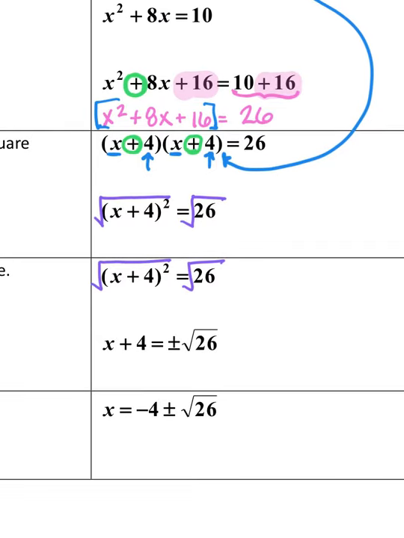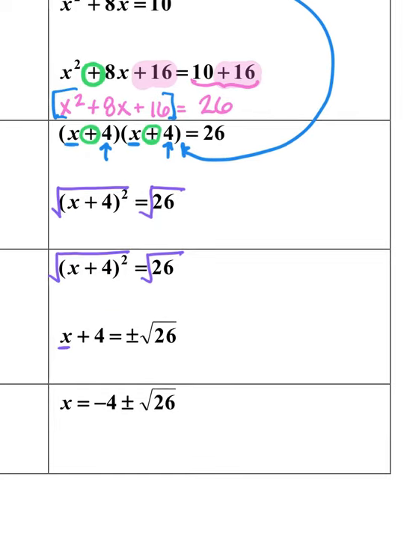Now in this case, radical 26 is in its simplest form. We cannot reduce radical 26. So our answer is going to look like this. X equals negative 4 plus or minus radical 26, because we still have to solve for x.